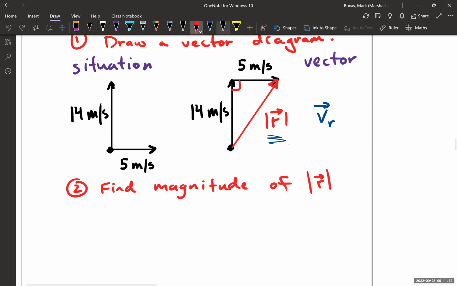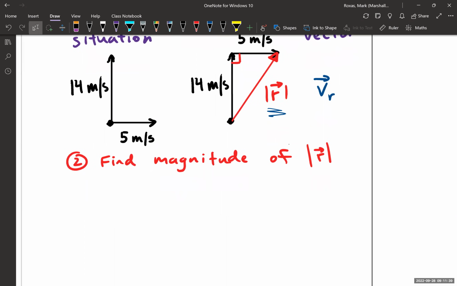It's been done over and over again since grade 8, grade 9, so we'll use that. So my resultant squared is equal to 14 squared plus 5 squared. Okay, so the hypotenuse squared is equal to the sum of the squares of the other two sides. So then you take out a calculator.